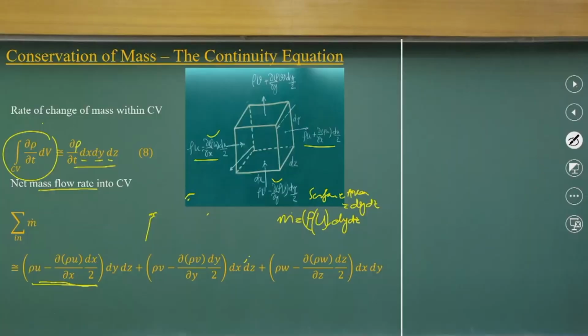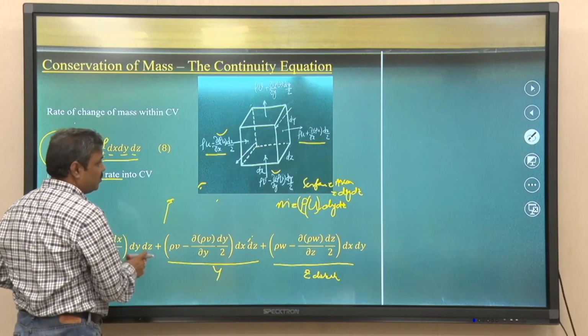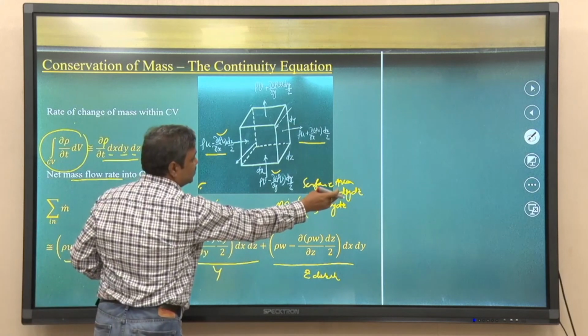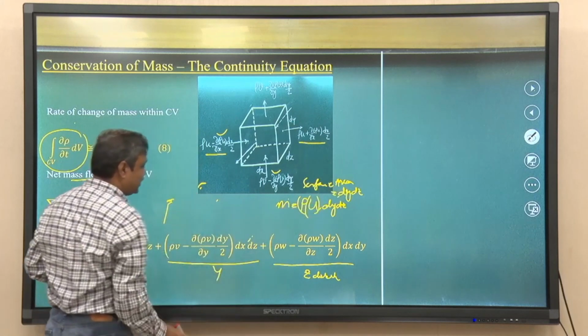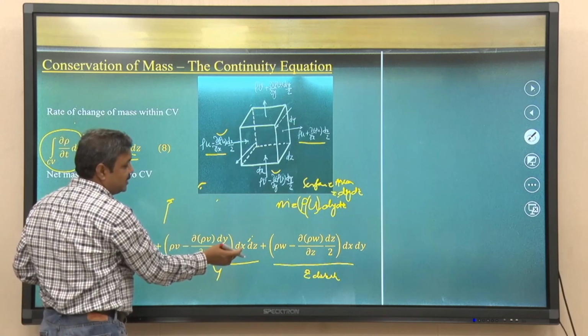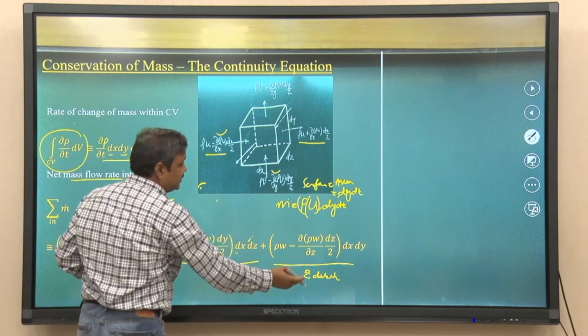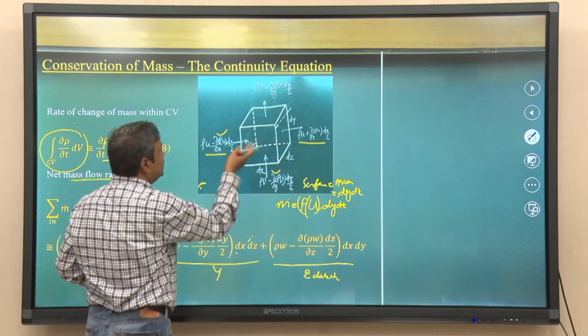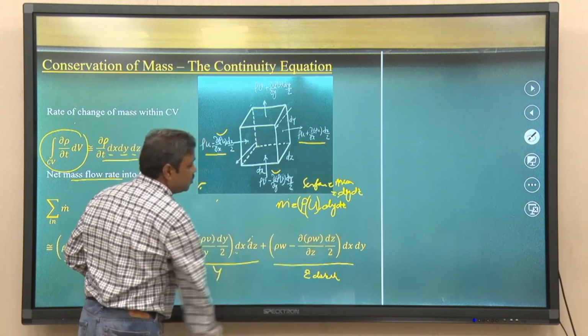This is the x direction component, this is the y direction component, and this is the z direction component. Look at the surface area, which varies as I was explaining: in the x direction dy dz, in the y direction the surface area will be dx dz, and in the z direction the surface area will be dx into dy.